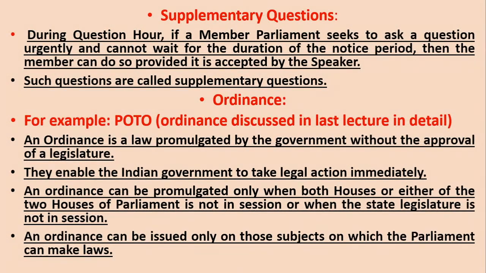This is very important: the ordinance making power is with the head of the nation, that is the President of India. It doesn't mean that the President may make an ordinance on any subject, whether of the union list, state list, or concurrent list. No, it is not like this. The President can make an ordinance only on the subjects given in the union list or the concurrent list. He cannot make any ordinance on the subjects given in the state list.